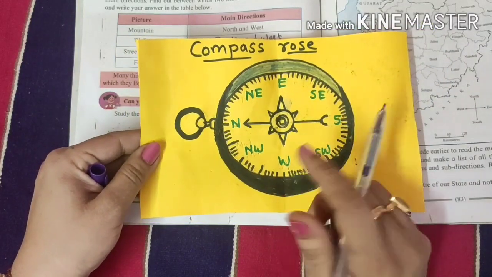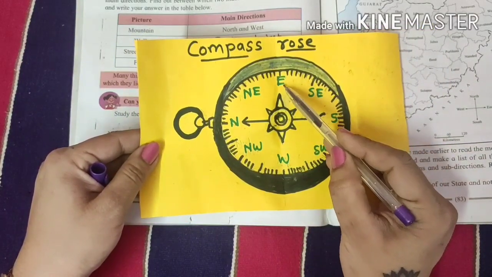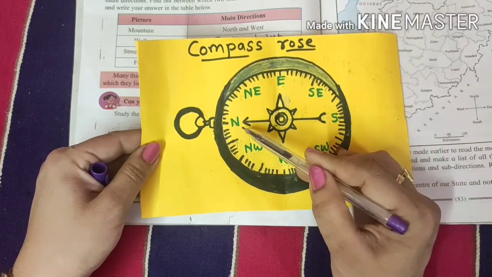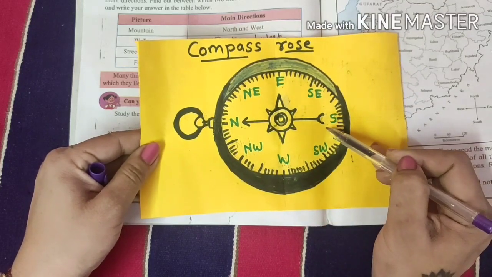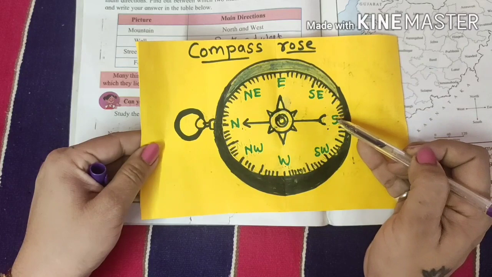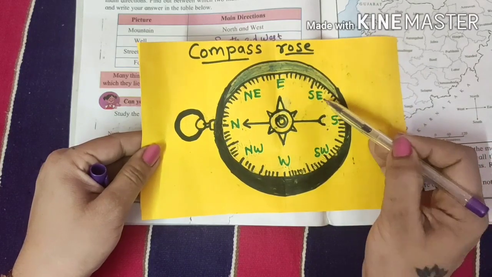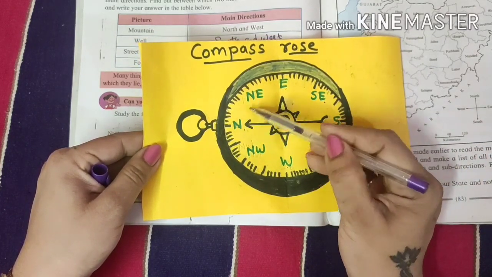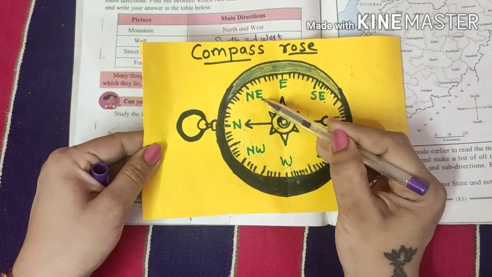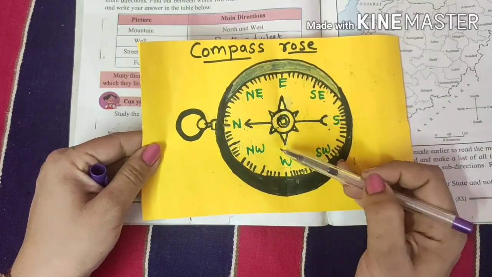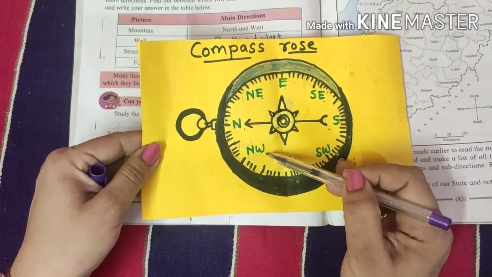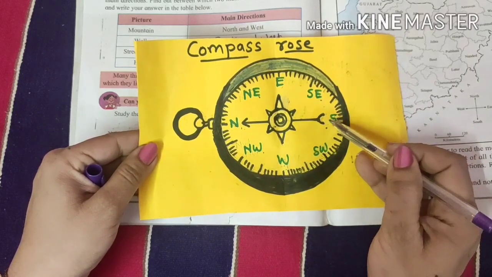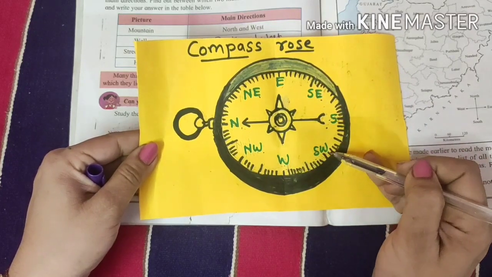In this also, children, see the marking is shown here: your east, west, north and south. Okay, and the direction between your south and east is your southeast. Again, the direction between your north and east is your northeast. The direction between north and west is your northwest, and the direction between south and west is your southwest.